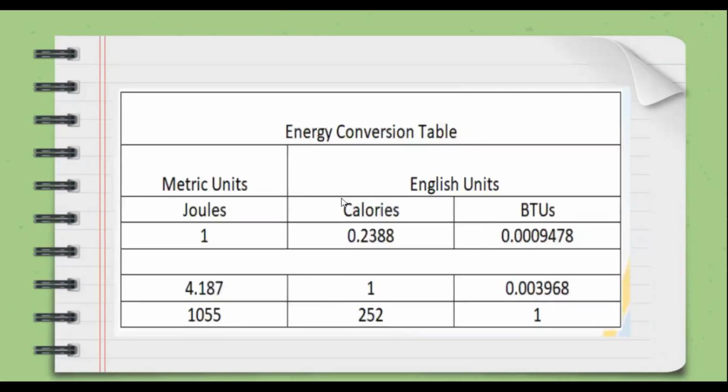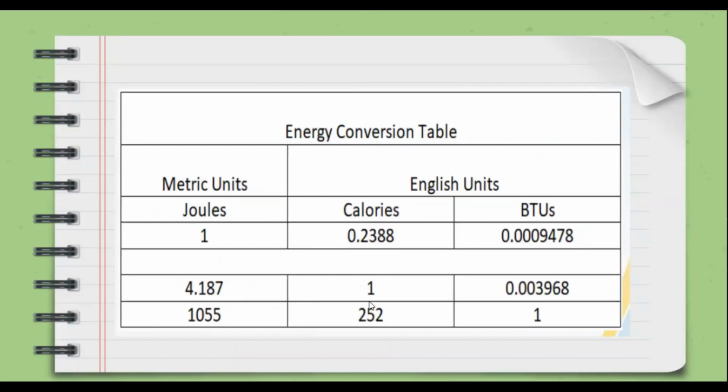So for the energy conversion table, in metric units and in English units, we have the joules for the metric units, and for English units, we have the calories and the BTUs. So 1 joule is equivalent to 0.2388 calories and 0.0009478 BTUs.